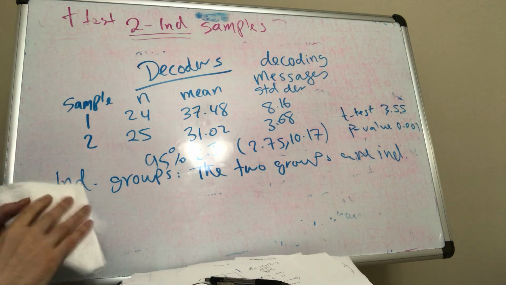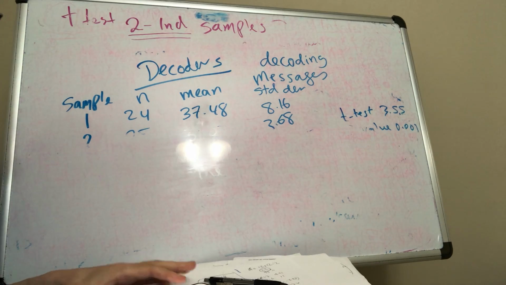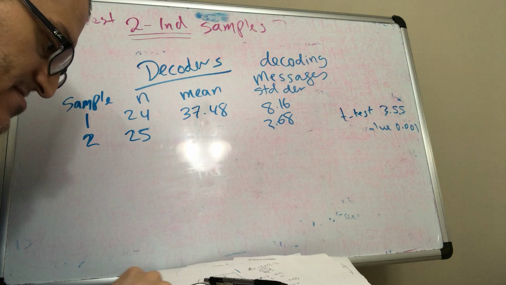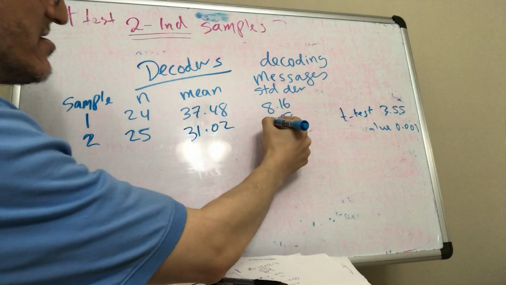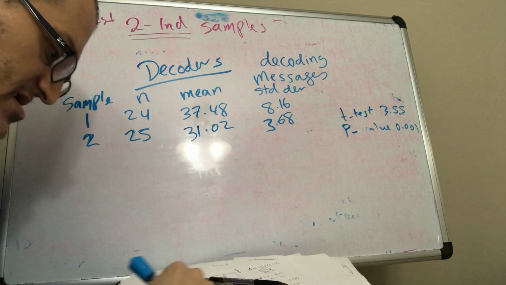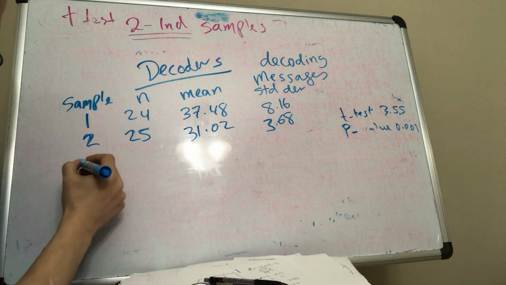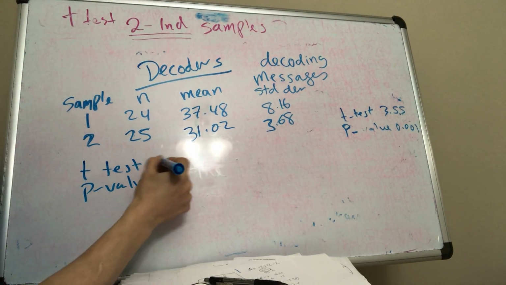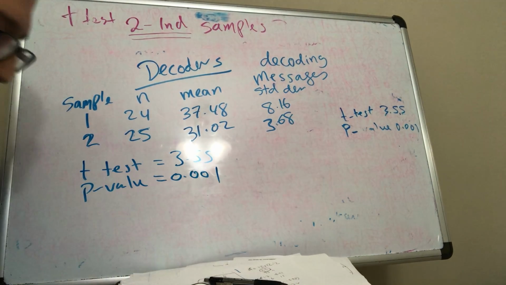Now, they tell you in the next one, I erased this for no reason. So 3.102, 3.68. So they give you the p-value. In the next part, they only want you to, from Minitab, say what's the t-test, what's the p-value. So you just put them down. The t-test is 3.55, p-value 0.001.